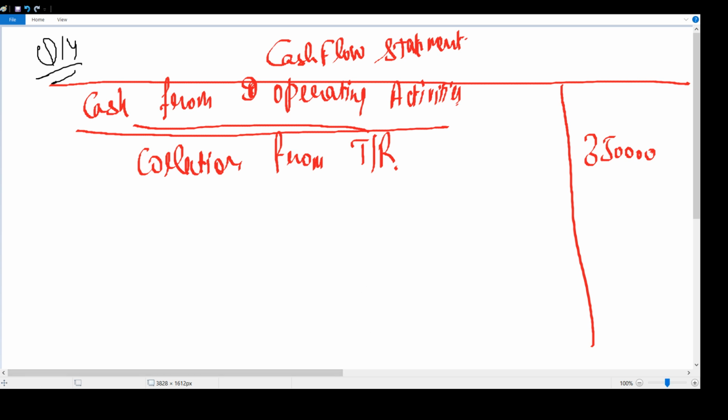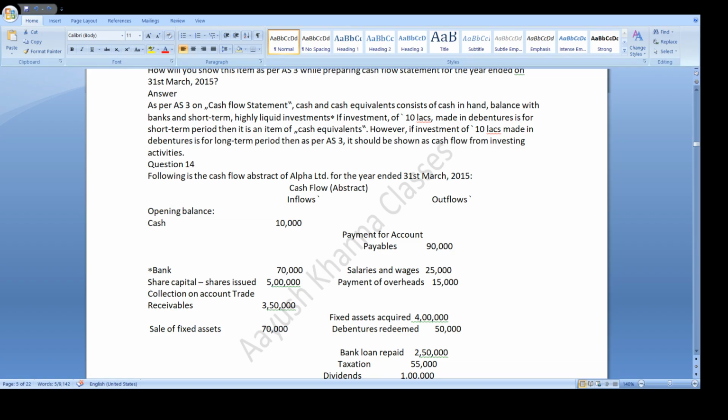Then the entity is doing payments, as you can see on your screens.